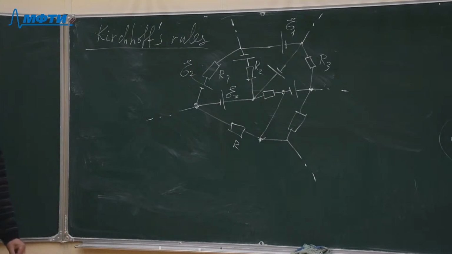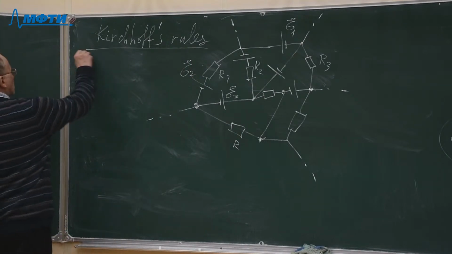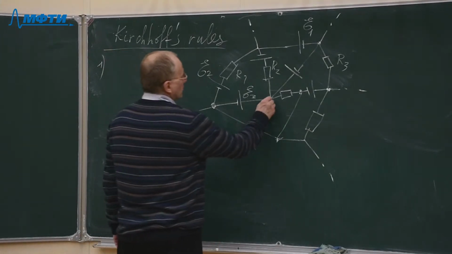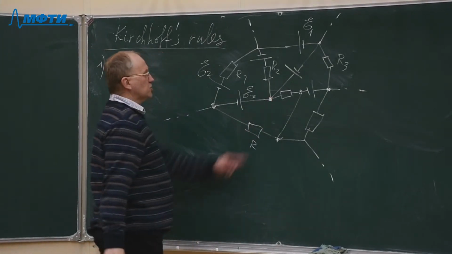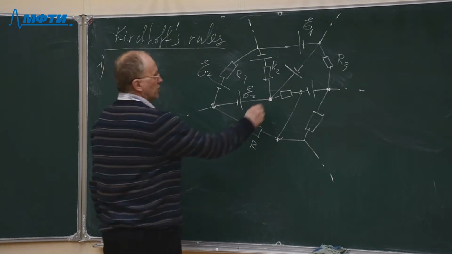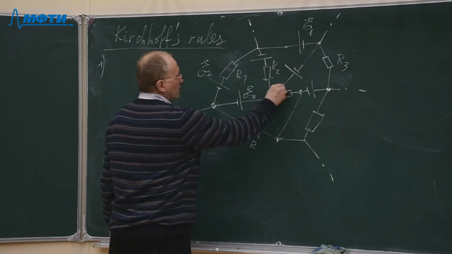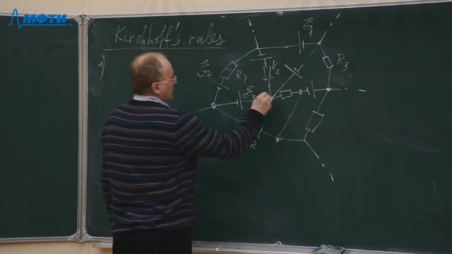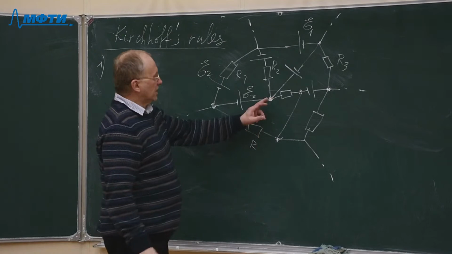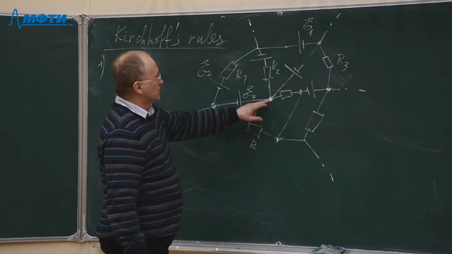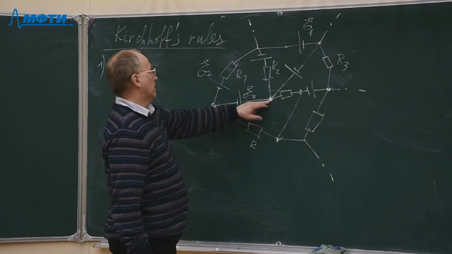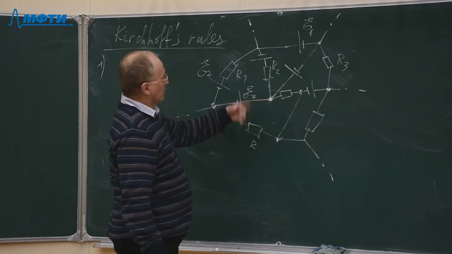So the first rule is based on the law of conservation of charge. It says that if there is a junction in the circuit, a junction being a point where several wires connect, then electric charge is not accumulated at this point, and it is not lost at this point.